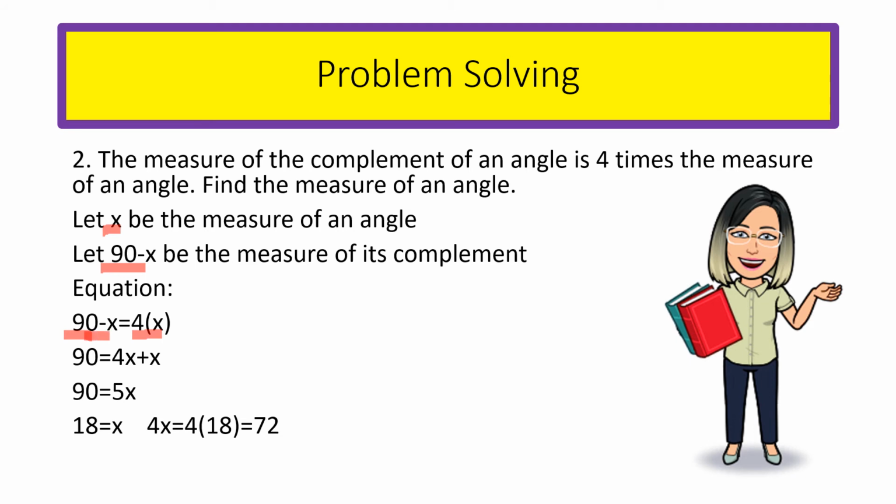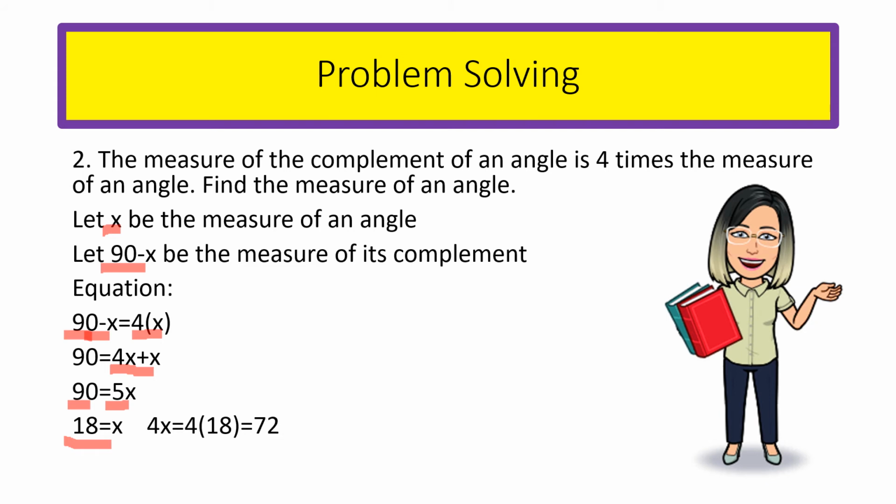Solving for x, we have 4x plus x equals 90. 4x plus 1x equals 5x. So 5x equals 90. Dividing both sides of the equation by 5, the value of x is 18. 18 is x, which is the measure of an angle.